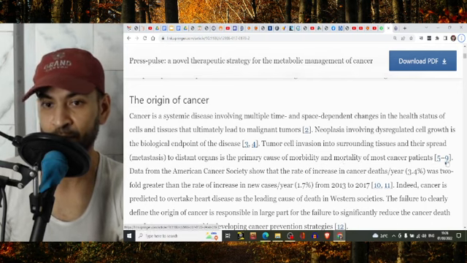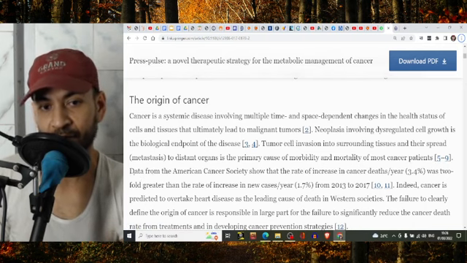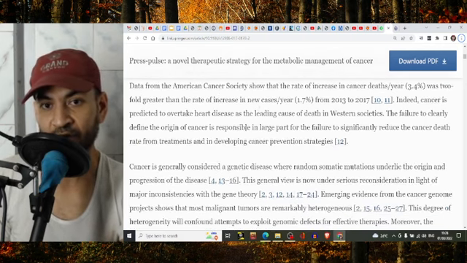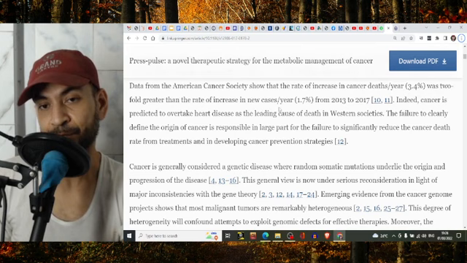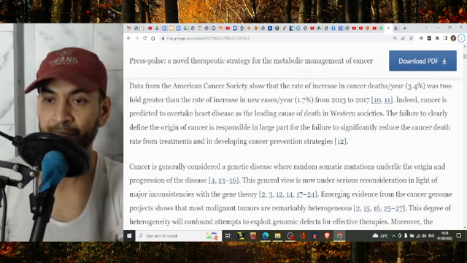Reference 5-9. Data from the American Cancer Society show that the rate of increase in cancer deaths per year, which is 3.4%, was twofold greater than the rate of increase in new cases per year, which is 1.7%, from 2013 to 2017. Reference 10 and 11.